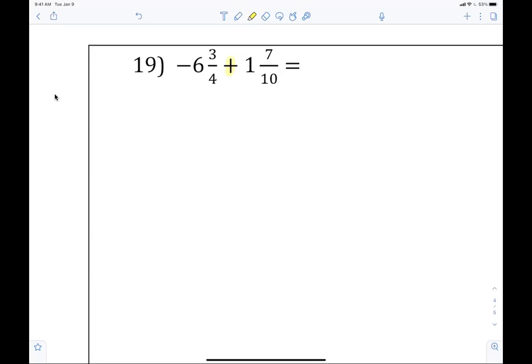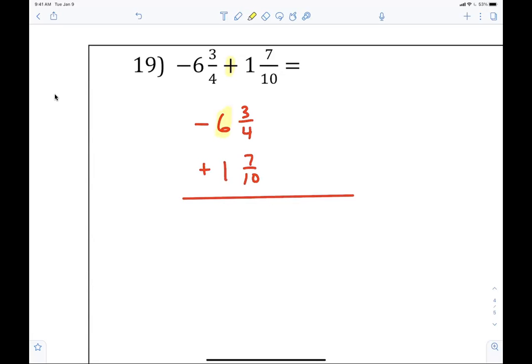Now, I'm trying to encourage everyone, the larger number goes first. So I want to put negative 6 3/4 first plus 1 7/10. The reason I did that is because I know I'm subtracting, and 6 is bigger than 1.